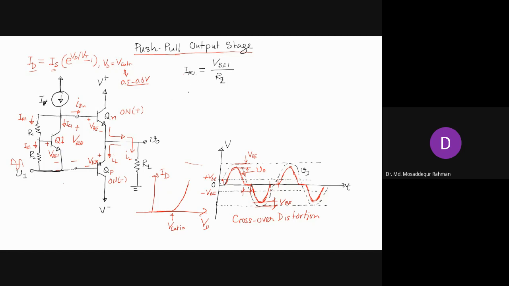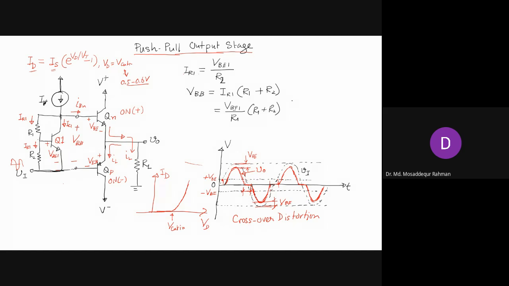If we ignore that, then the voltage from here to here, the total voltage VBB, can be written as the current times the total series resistance, R1 plus R2. And IR1 is VBE1 divided by R2, times R1 plus R2.